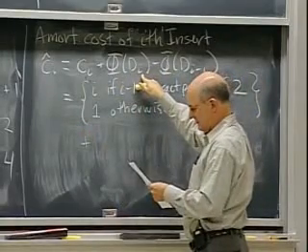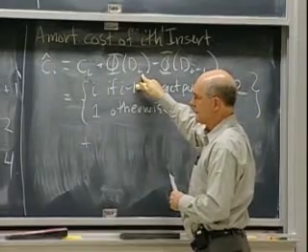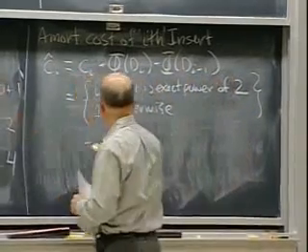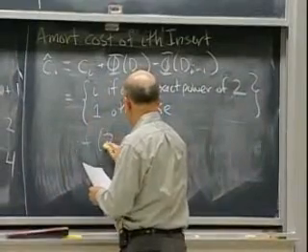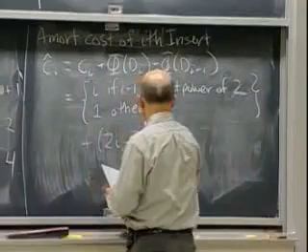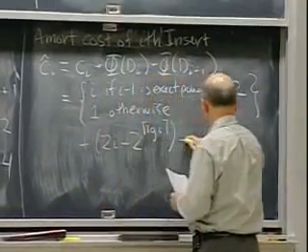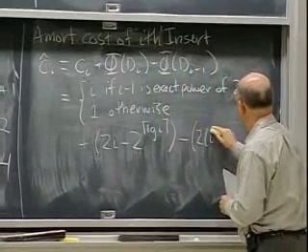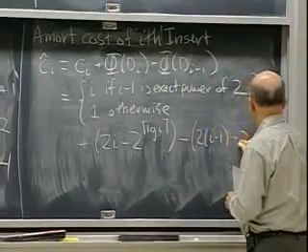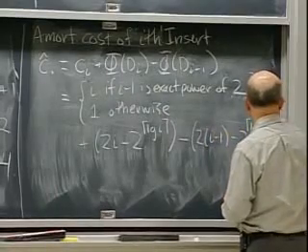Plus, and now phi of di. So what is that? Phi of di is this business: 2i minus 2 to the ceiling of log i, minus 2(i minus 1) minus 2 to the ceiling of log of (i minus 1).